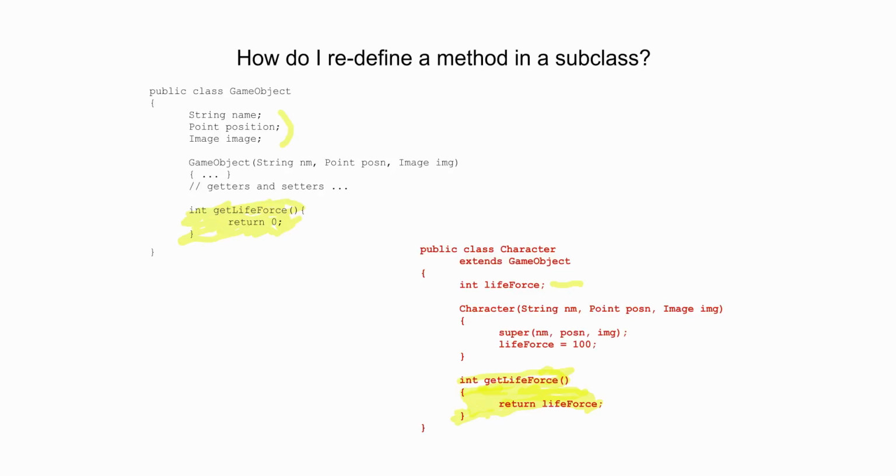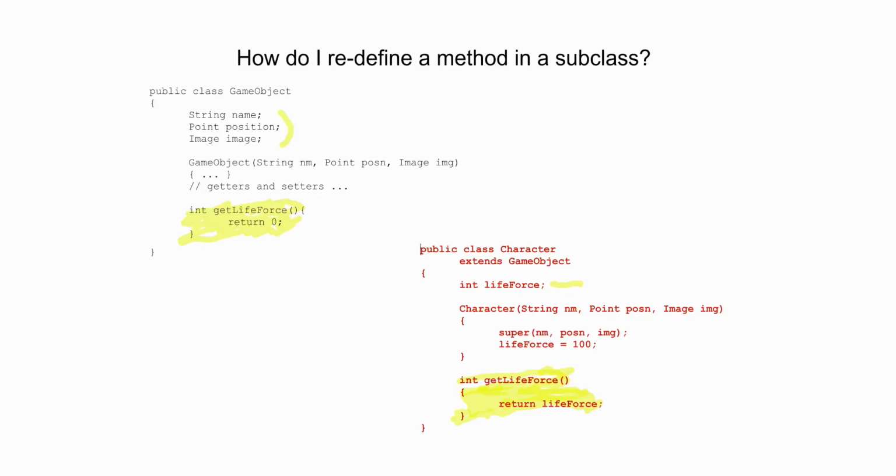And it turns out this is a very powerful idea, because here we have one object, and it doesn't really apply to it having a life force, so it returns some default 0 value. But when we get a character, which is a subclass of that, it really does have a life force. We have a variable to represent it, and we return that. At that point, it's meaningful. But if you think about it, a game object could be an inanimate object.